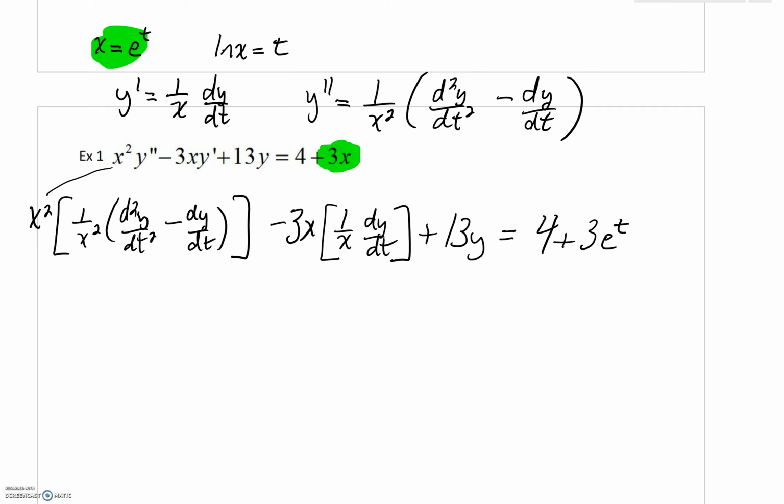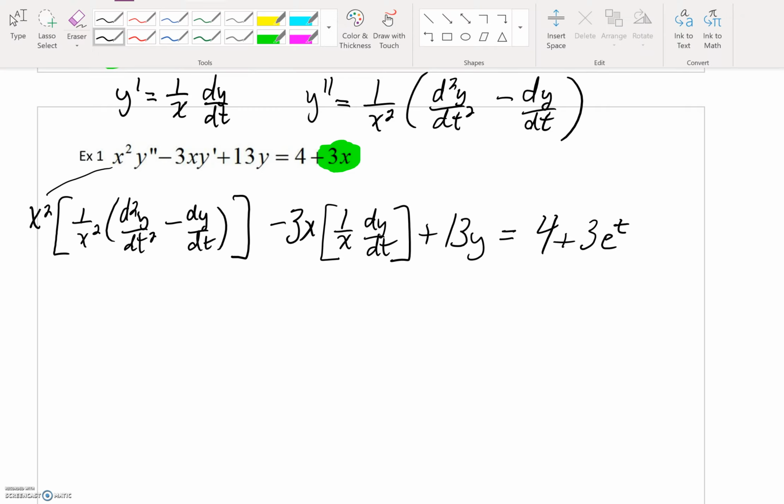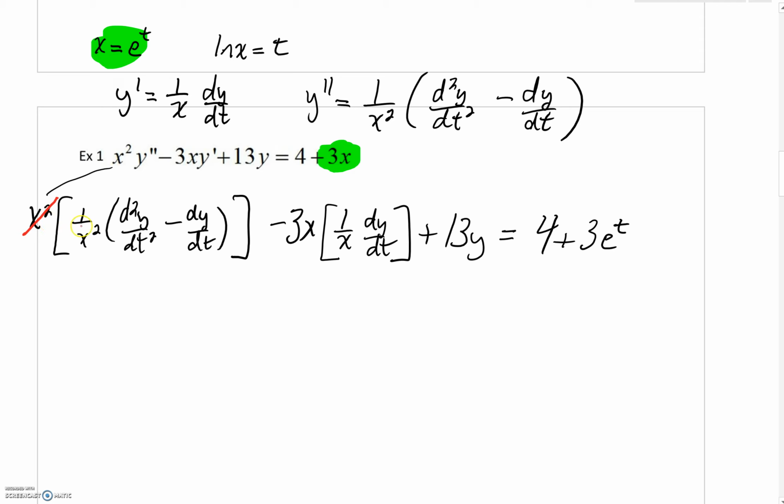Now, you can see in the Cauchy-Euler situation, this x squared and this x squared are gone. This x and this x are gone. So all of a sudden, things get cleaned up, and it's looking so much like section 4.3 right now. Once you get all this canceling, everything's canceled out.